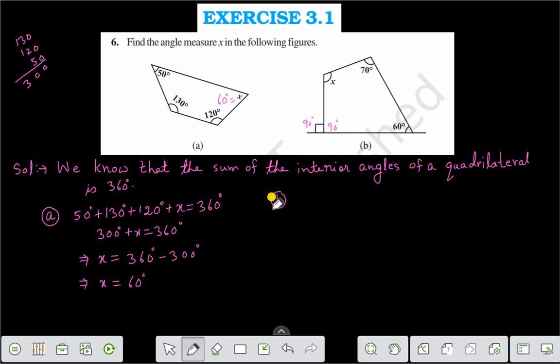Let us find it this way. From the figure, let the angle of this be a. We'll find the value of a first.